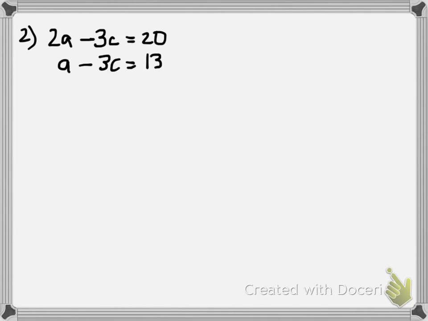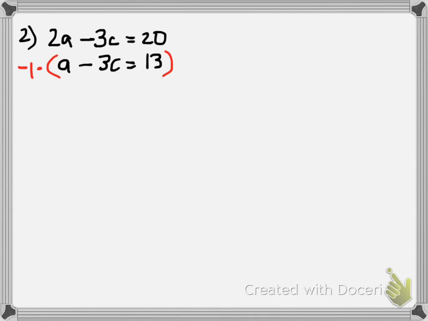So what you should notice is that we do have an exact match on the c's. So we have the same variable c with the same coefficient 3 with the same sign negative. So I can't add and get rid of them. I'm going to have to subtract. So here's how I show subtraction. When I subtract, it's like I'm multiplying the entire equation by negative 1.